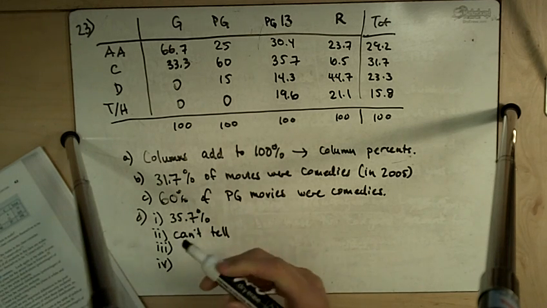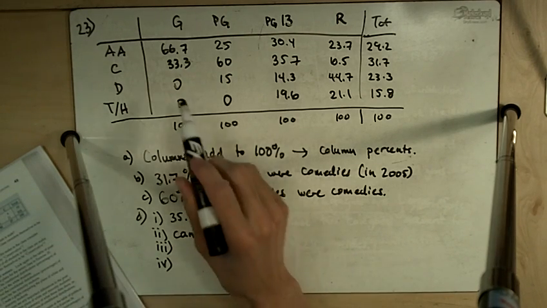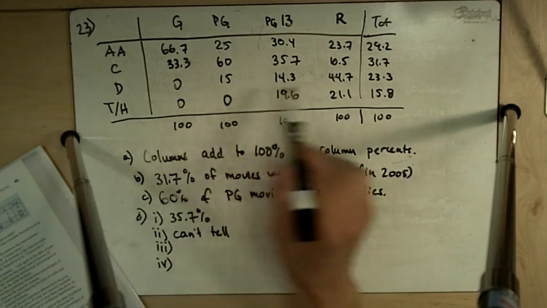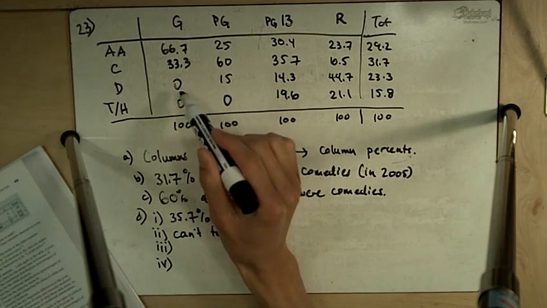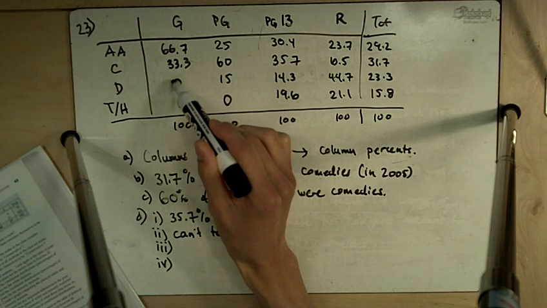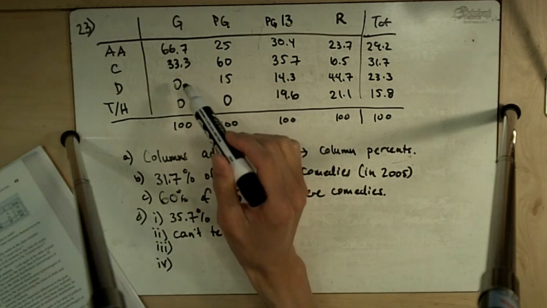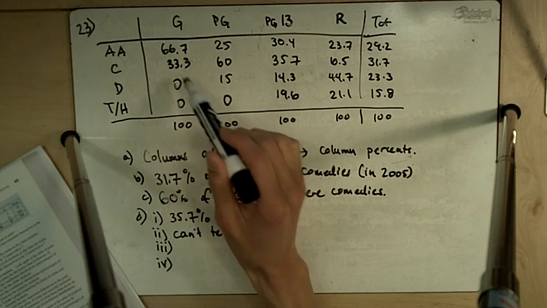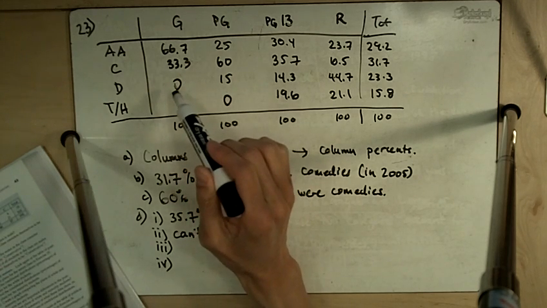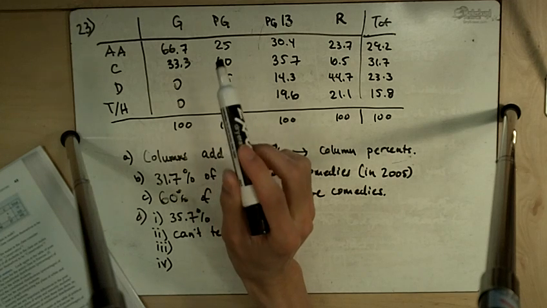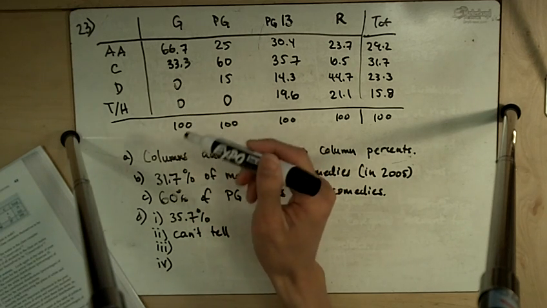Part 3 is very similar. It says what percentage of dramas were G-rated. Again, we don't have row percentages, so you'd think we can't tell. However, this is a 0 here, so even though we don't have the percentages of dramas that were G-rated, we know that there were 0 G-rated movies that were dramas, so definitely there were 0 dramas that were G-rated.